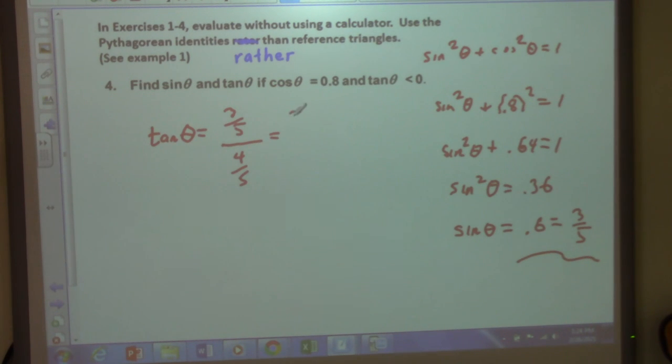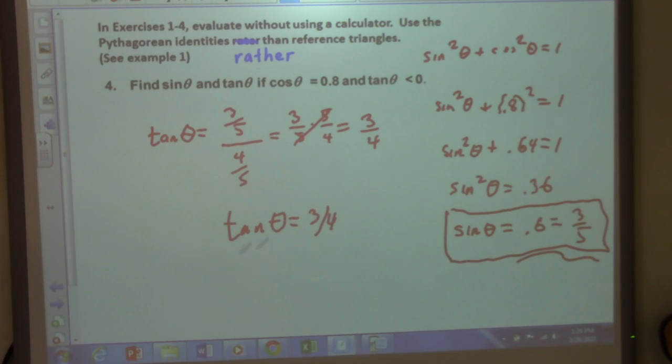So we have this 3/5 times 5/4, which equals 3/4. And so here's our tangent theta equals 3/4. Here's your sine theta equals 3/5. So that's it, isn't it?